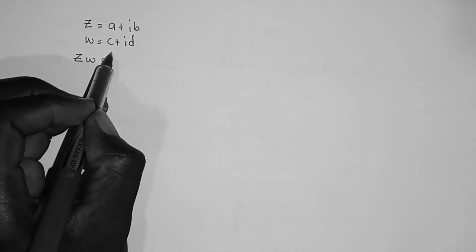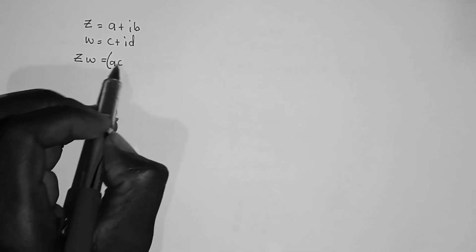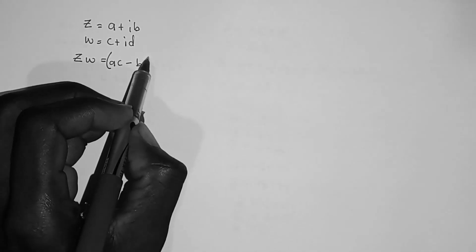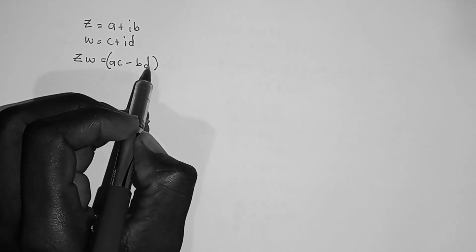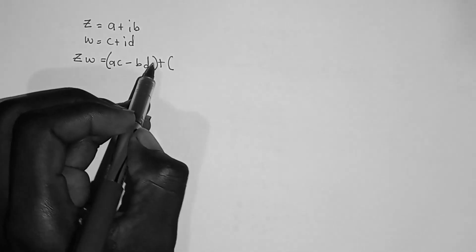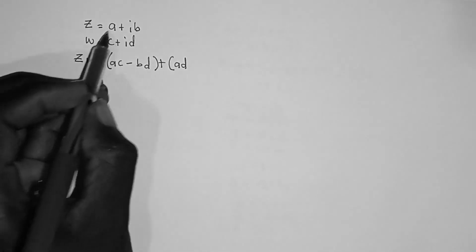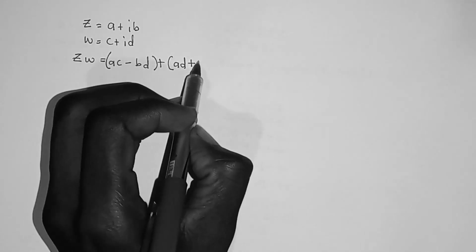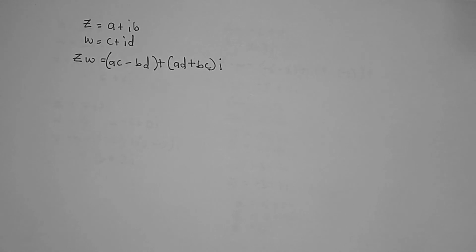What you do is you multiply a and c, and then you subtract the multiplication of b and d. Then you add a, d. In other words, you cross multiply, then plus bc, i. So this is how to multiply complex numbers.